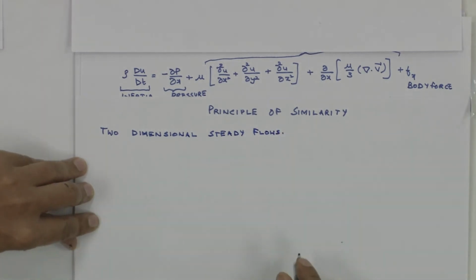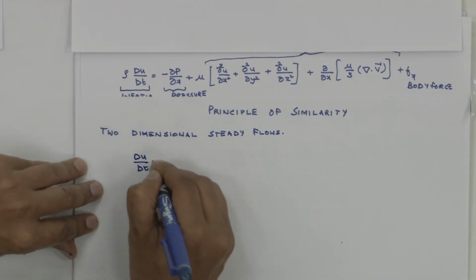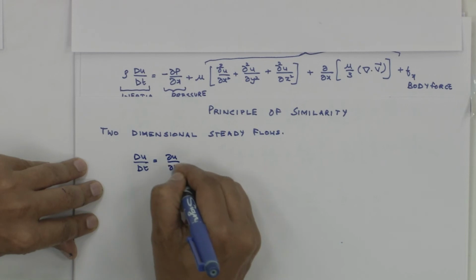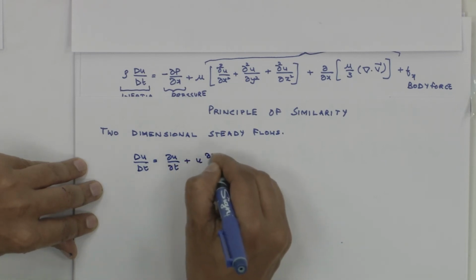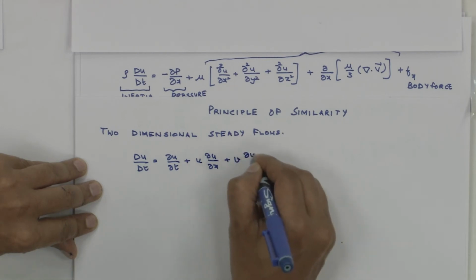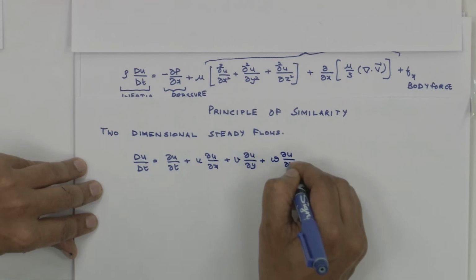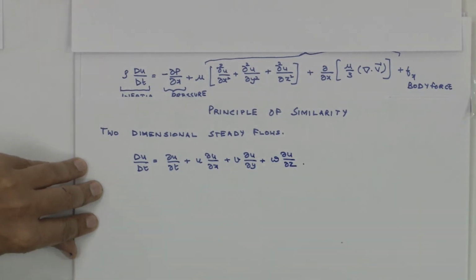Just to recollect, Du by Dt is del u by del t plus u del u by del x plus v del u by del y plus w del u by del z.